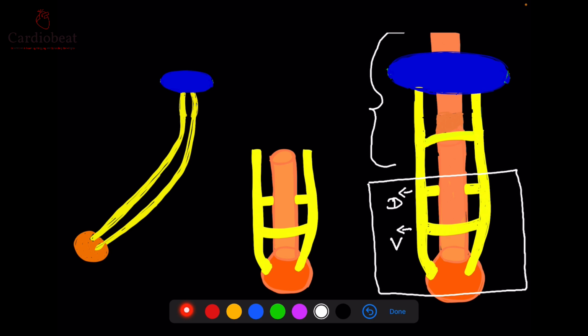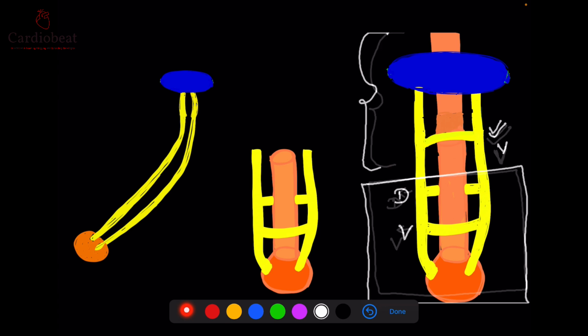Now, the proximal portion of the vitelline vein is also getting anastomosed, and this anastomosis is again in ventral fashion, or anterior to the midgut. So, in total, we have two anterior anastomoses and one posterior anastomosis across the two vitelline veins.